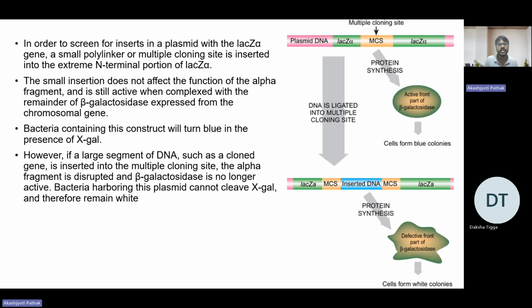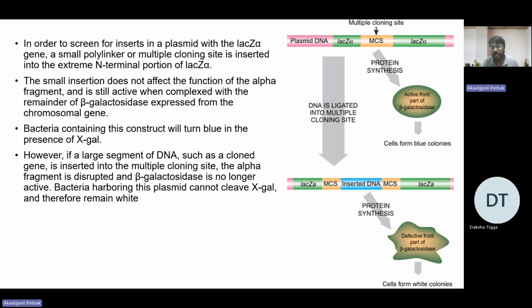Now, in order to screen for inserts in a plasmid with the lacZ alpha gene, a small polylinker or multiple cloning site is inserted into the extreme N-terminal portion of the lacZ alpha. So this lacZ alpha fragment has been engineered so that it contains a multiple cloning site. What will happen if you clone your gene of interest within this multiple cloning site? The lacZ alpha fragment, the protein that was getting produced, will become inactive.